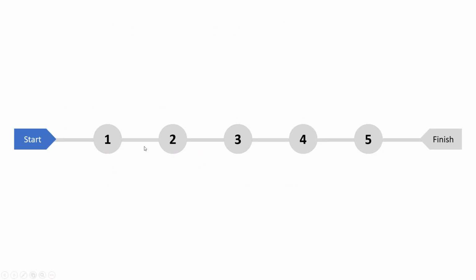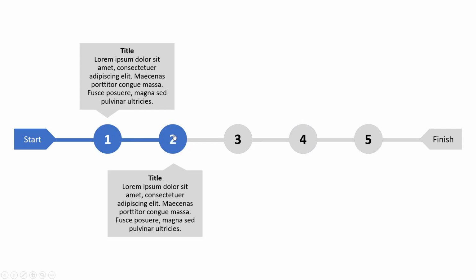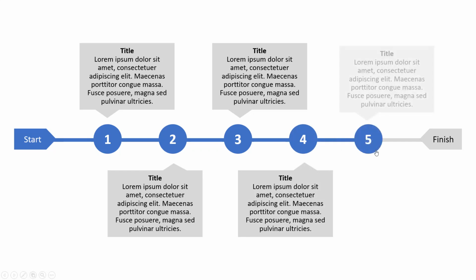And now we can just go and test again. That's good. We click on 1, it goes to 2, it shows the text. It goes to 3, it shows the text. It goes to 4, shows the text. Same here. And this is it. Our first timeline is done.